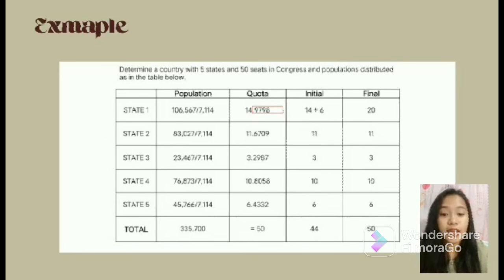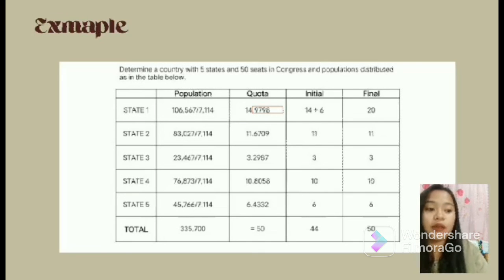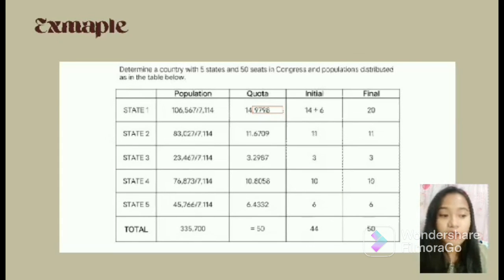To find the initial seats, we will remove the decimal part of the quota. For State 1, we get 14, for State 2 we get 11, for State 3 we get 3, for State 4 we get 10, and for State 5 we get 6. And we will total it. We have a total of 44, but the total of seats is 50.